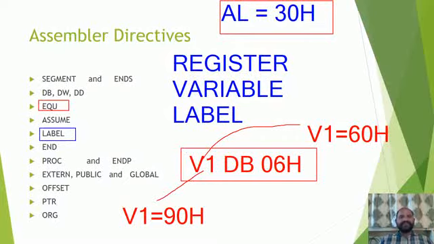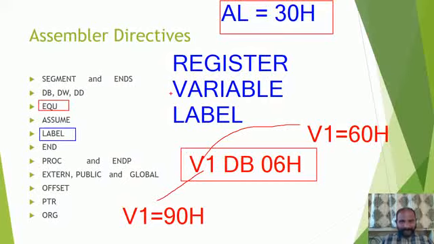That is the difference between the register and variable. Register addresses are the fixed ones, but the register is a name assigned to a memory location. Variable addresses are the changing ones. They are not fixed, but a variable is also a name assigned to a memory location whose value may change during the execution of the program.